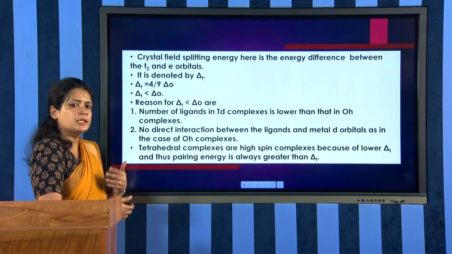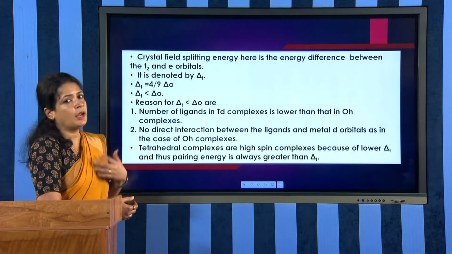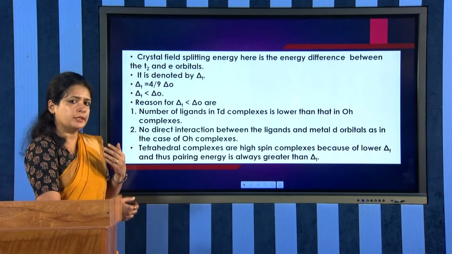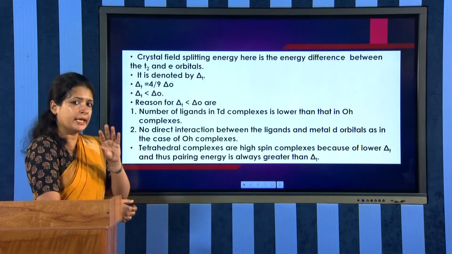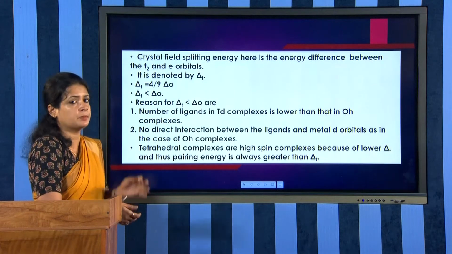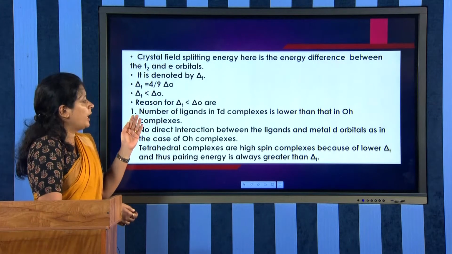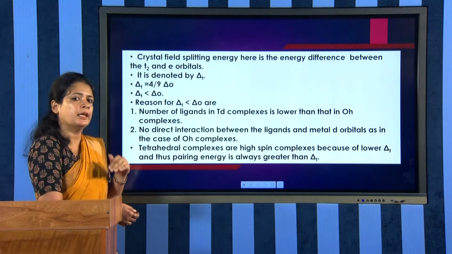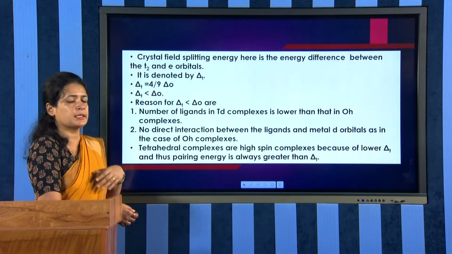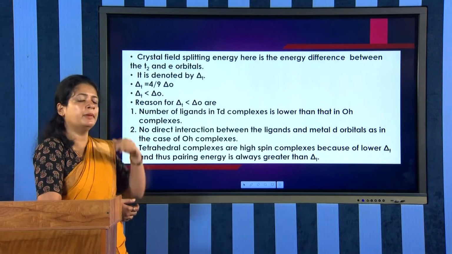And what are the reasons for that? There are 2 reasons. In the case of tetrahedral complexes, there are only 4 ligands present. But in octahedral complexes, you have 6 ligands. So, the number of ligands in tetrahedral complexes is always less when compared to octahedral complexes. When the number of ligands decreases, obviously the splitting will be decreasing.